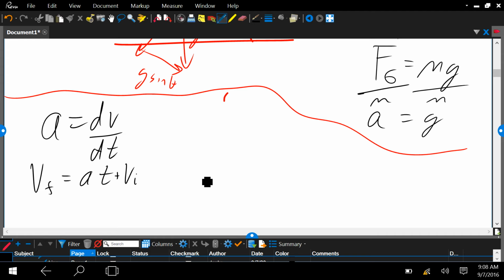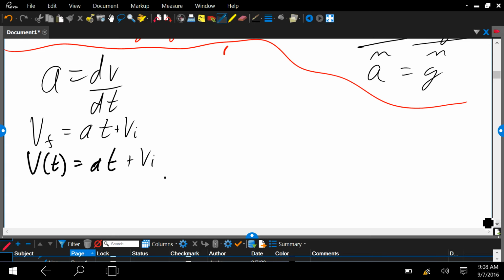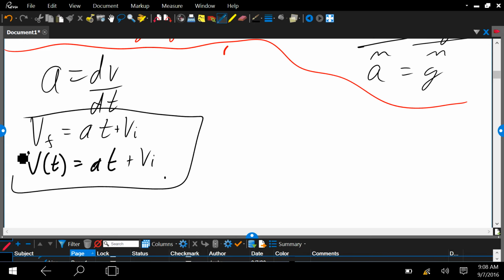Sometimes the v on the left is written as v final, and sometimes it is written as v as a function of time. It just depends on how you're working with it and writing it. These two are the exact same equation.